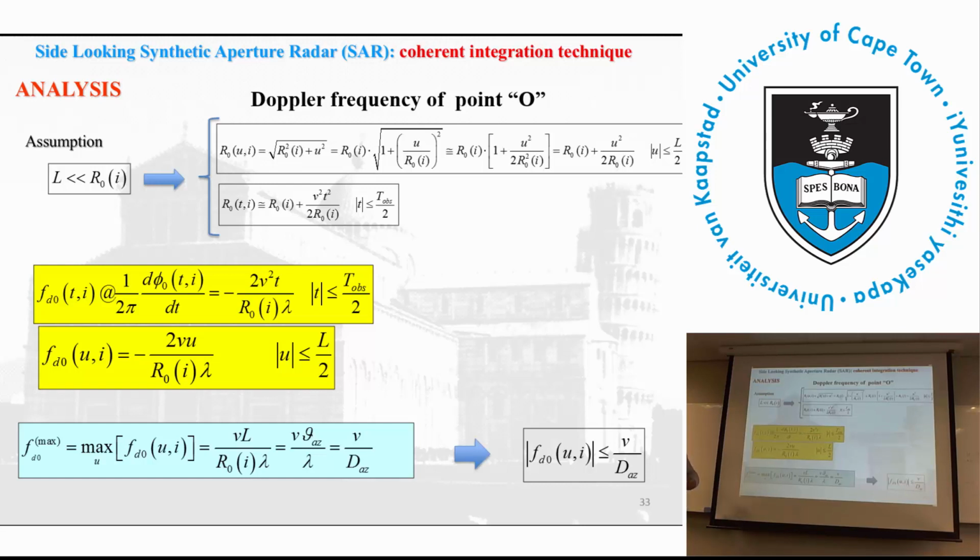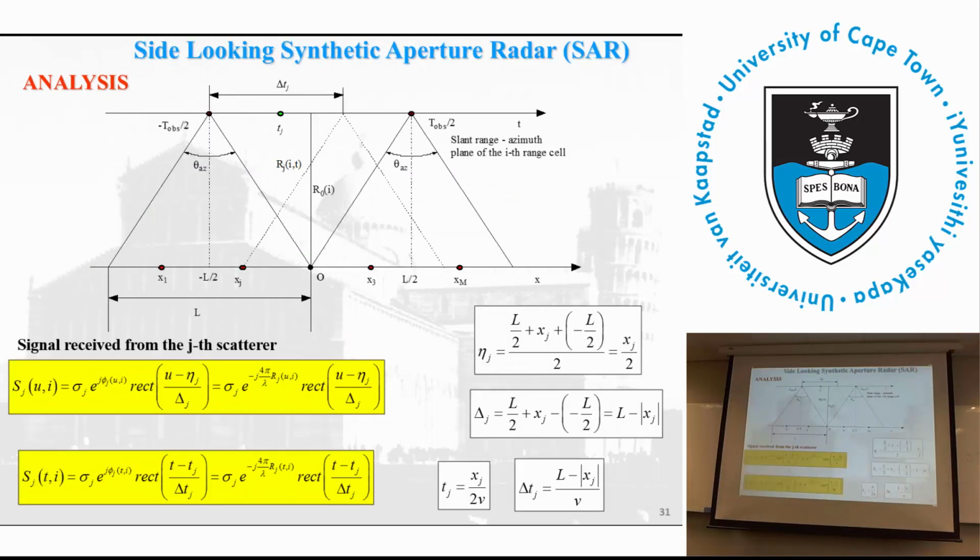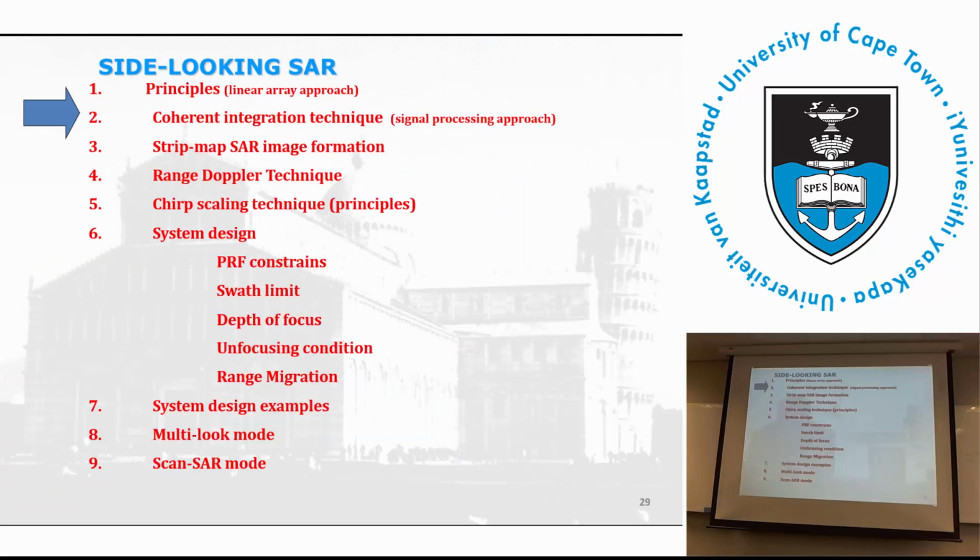The minus sign takes into account the fact that targets that are approaching are positive, targets that are receding are negative. It's a convention. So that becomes 2v squared times t, divided by r0 times lambda. And you can calculate that based on that phase phi 0, which we defined somewhere.